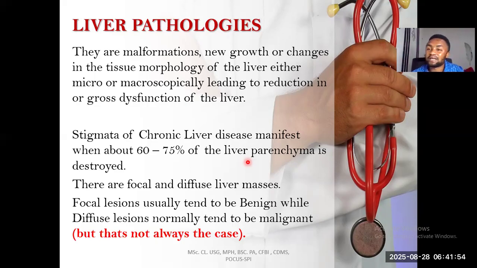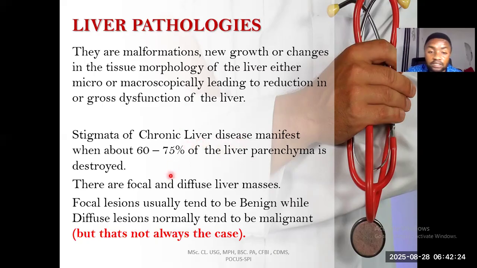Pedal edema, or pedal swelling. You understand? When you examine, then you find the edema. But the moment you just look at it, then it is swelling, pedal swelling or foot swelling. You see it, and also testicular atrophy. The testes will shrink. Testicular atrophy. All these are stigmata of chronic liver disease.